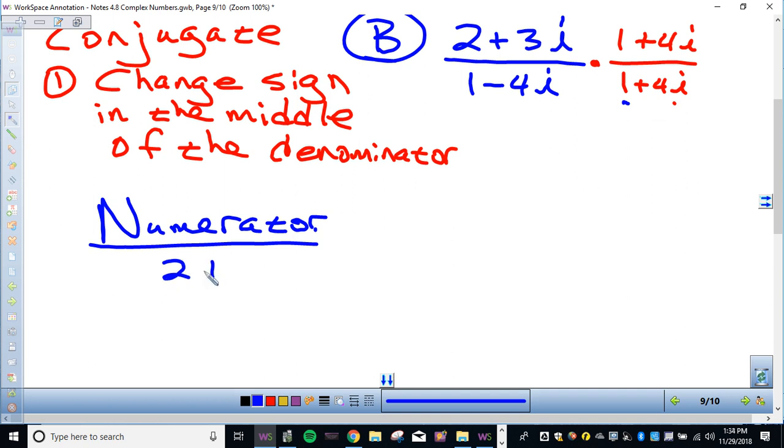But first we're going to do the numerator here. So we're going to do 2 plus 3i times 1 plus 4i. So 2 plus 3i times 1 plus 4i.